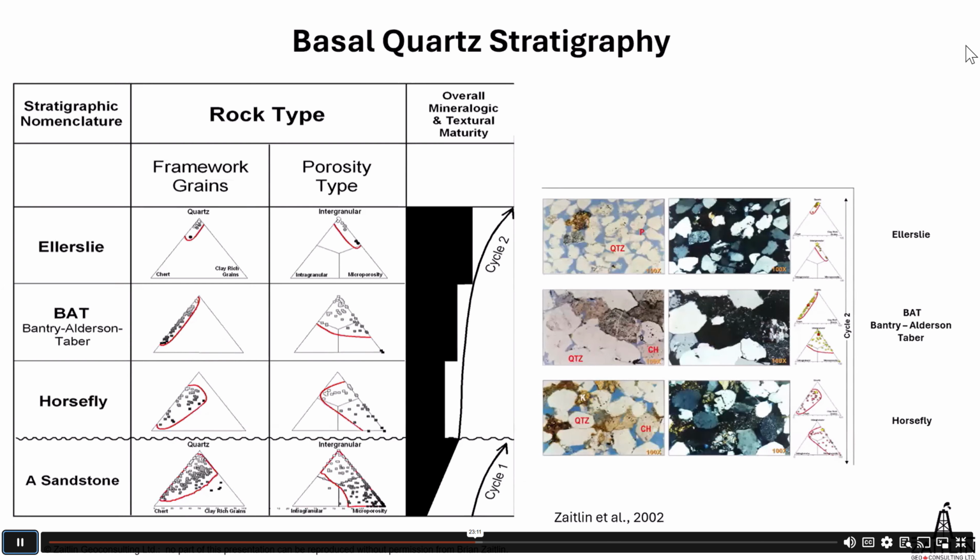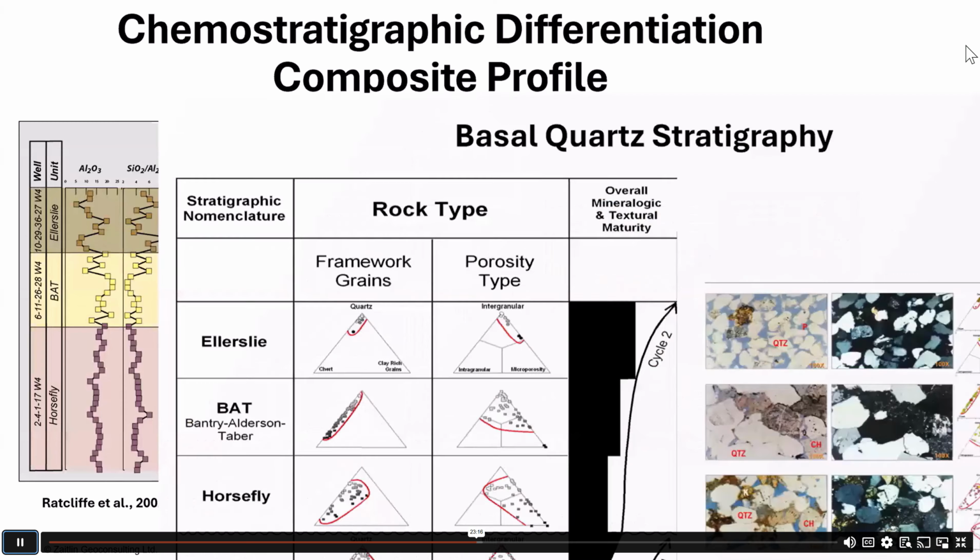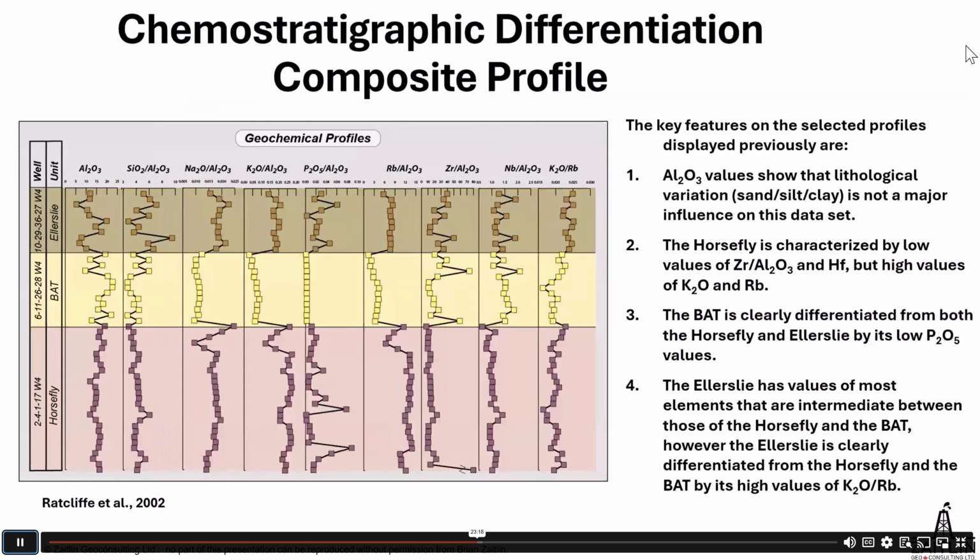So once we had a series of type wells where we knew what the units were, we brought in another technology utilizing chemostratigraphy. Chemostratigraphy basically is a series of samples. Each one of these little boxes is a sample. We took a look at all the elemental chemistry associated with this, and we began to see major changes.